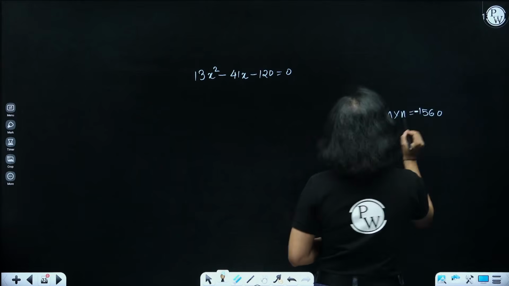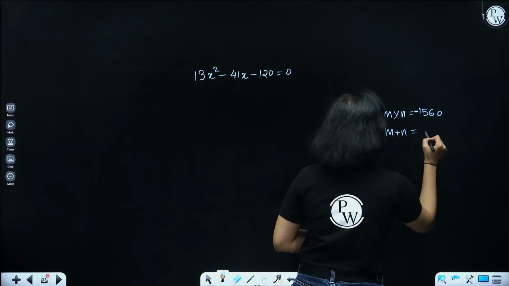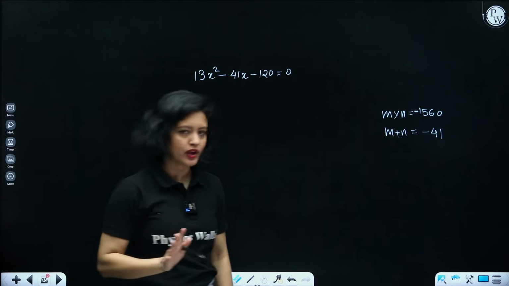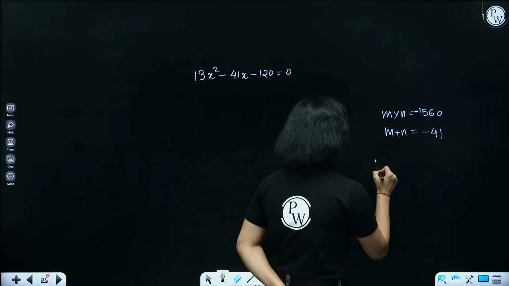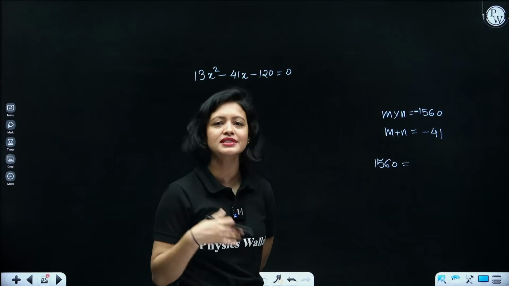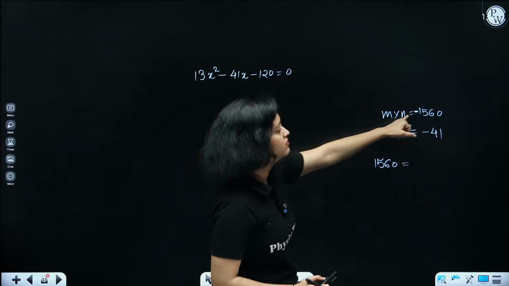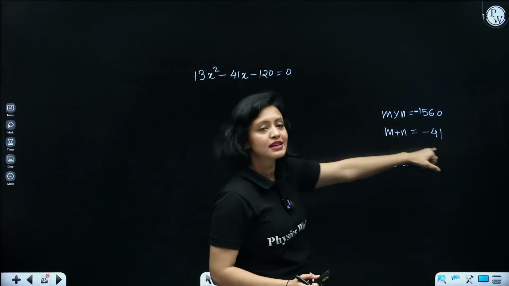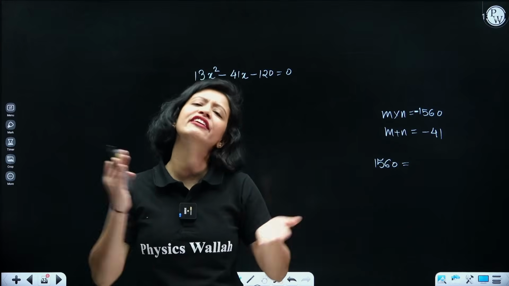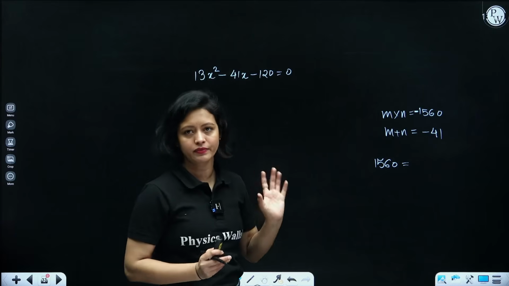So negative 1560 should be the product and the sum should be negative 41. Since the product is negative and the sum is negative, one number is positive and one is negative. So the difference of the two numbers has to be 41. So find two numbers whose difference is 41.